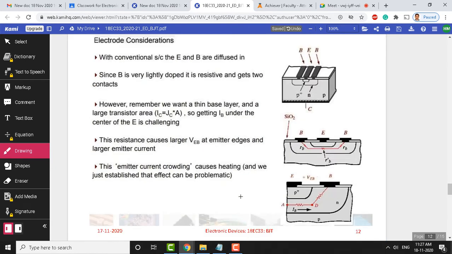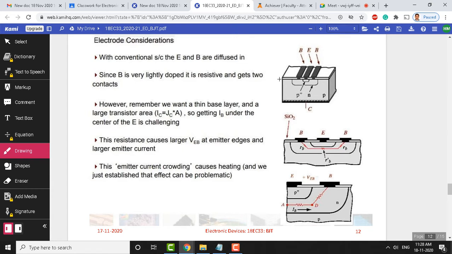Okay, let us see how best we can design the transistor so that we can avoid a problem such as thermal runaway. With a conventional semiconductor, the emitter and base are diffused, which are shown here. The first and the last terminals indicate the base terminals, which are interconnected here, and at the bottom we have a collector.